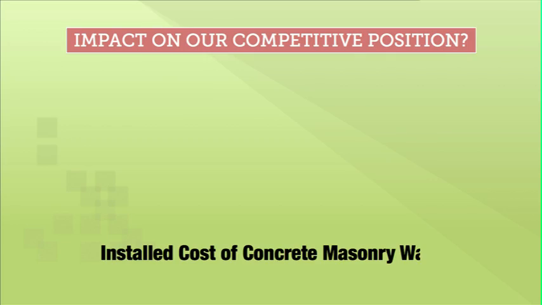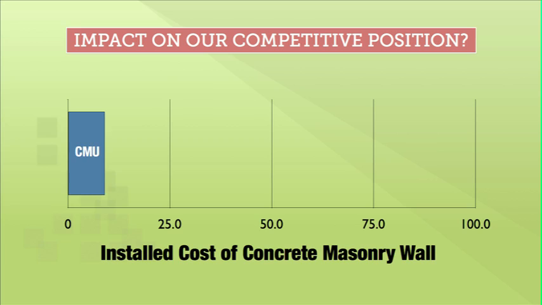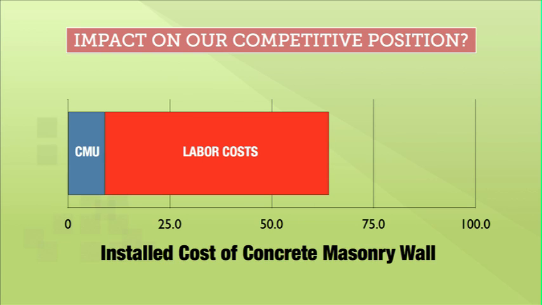In terms of the impact of this penny a block, the block itself is going to have some cost in terms of the overall cost of a total wall system. From a labor standpoint, it may be $5 or so to place each individual unit in the wall. And so the labor cost is much greater than the cost of the unit itself.